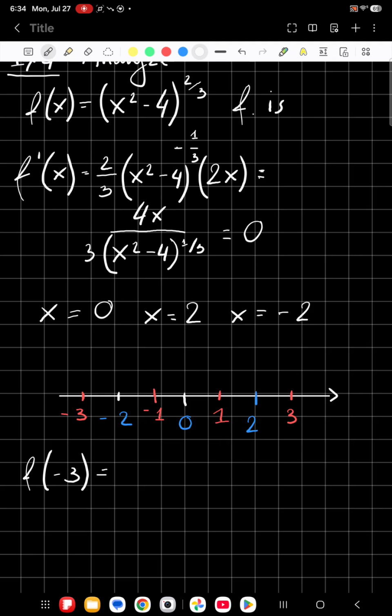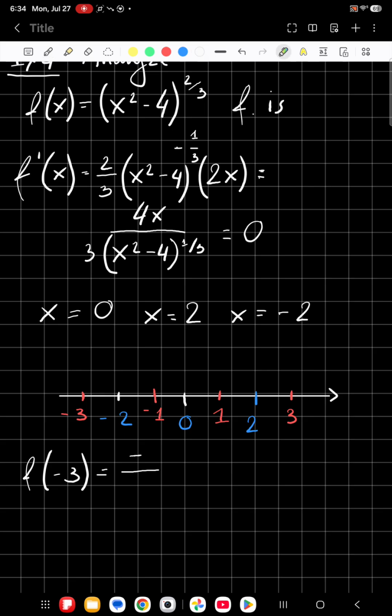I'm just taking that negative 3 and plugging it first in the numerator, so I'm going to get a negative sign in the numerator. So negative here.